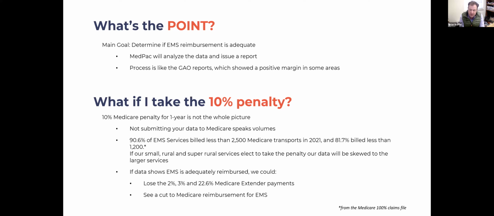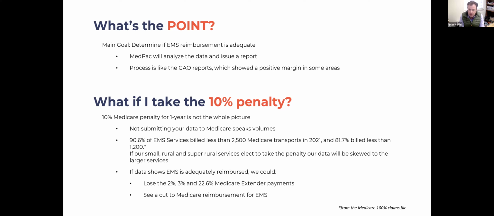So presumably all of us on this call today will anticipate submitting our reports in 2024. That would mean if you don't submit, you would be subject to that 10% penalty in 2025. So part of our goal today is to convince you that it is in your interest to submit this data. One, we don't want to see anyone take a 10% cut.